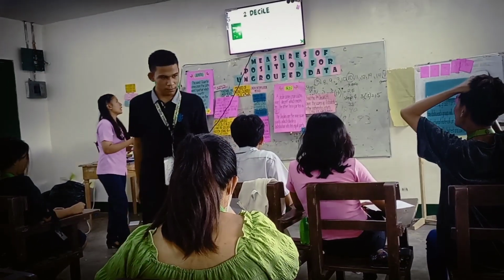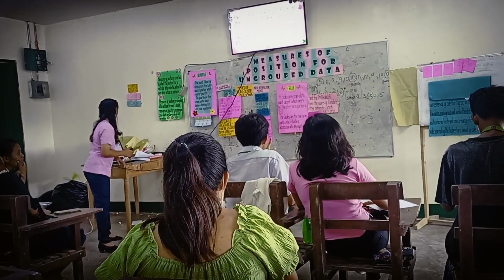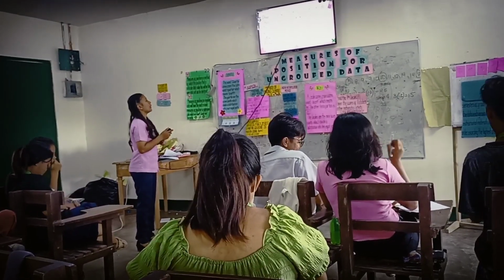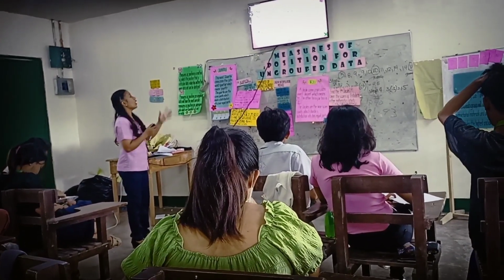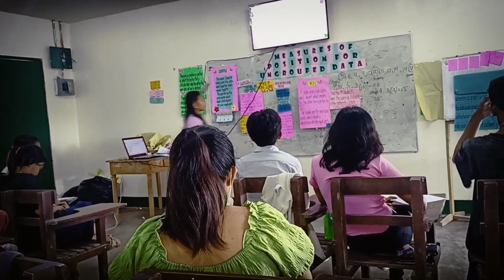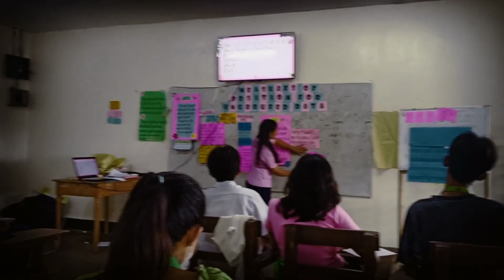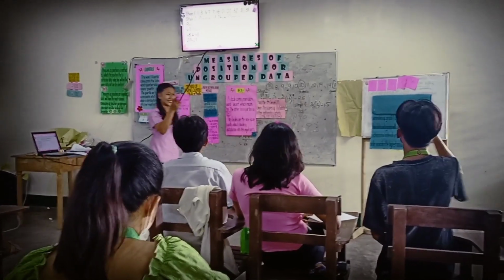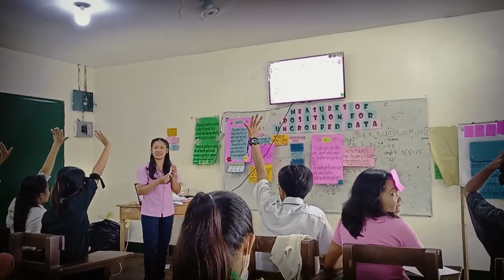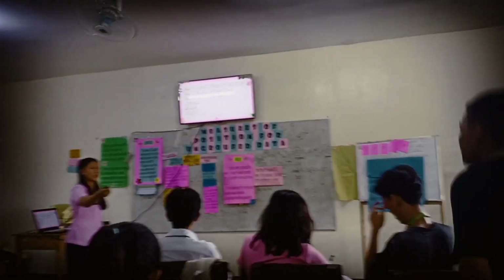Thank you, Mr. Alipini. So let's see if your answer is correct. The position of the 7th decile is 8.4 or approximately 8. So it is in the 8th element. 1, 2, 3, 4, 5, 6, 7, 8.